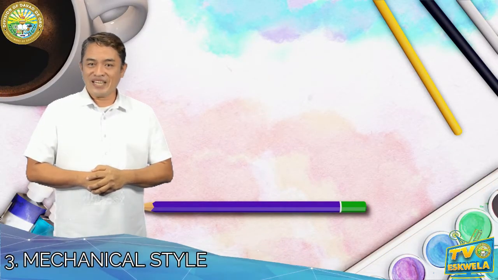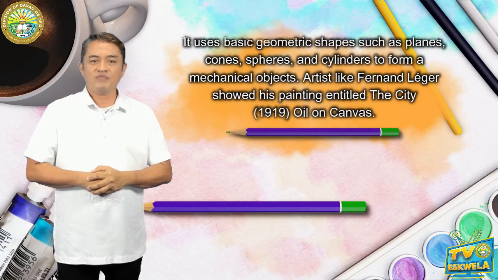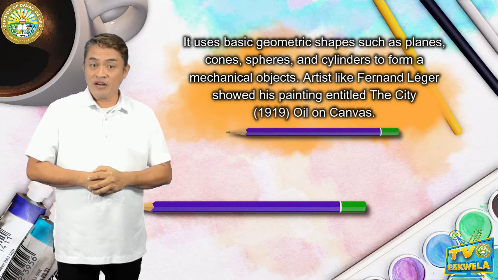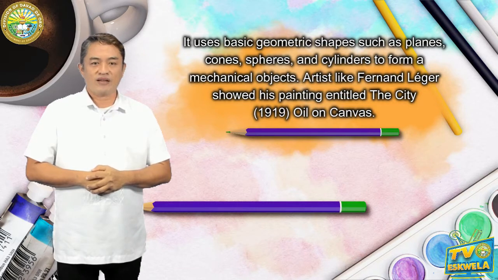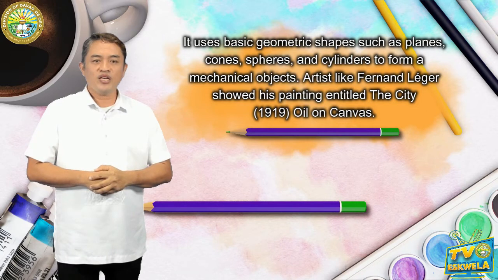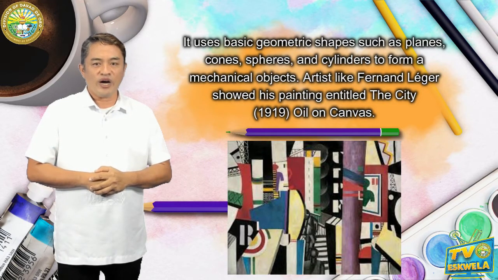Third, mechanical style. It uses basic geometric shapes such as planes, cones, spheres, and cylinders to form a mechanical object. Artists like Fernand Léger showed his painting entitled The City in 1919, oil on canvas.